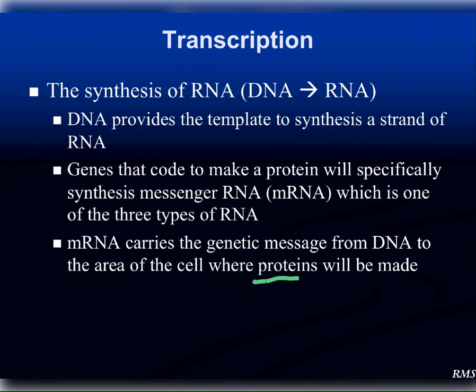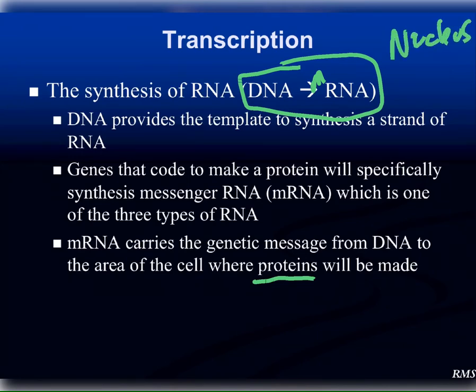Because remember, at the end of the day, we're building proteins, and if you're building proteins, that happens at an organelle called ribosomes, and you guys learned that back in the middle of the semester. So there's a few general things to know here. First of all, you have transcription, which is converting DNA to RNA. Specifically, you could say mRNA, and this occurs in the nucleus.